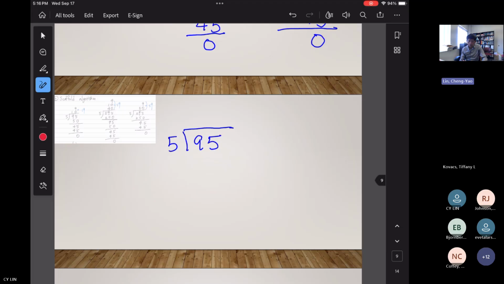So here, I take a 10, 5 times 10. So I got a 50. So 95 subtracted 50, I got a 45. And next, I take a 9, which is a 45. So add the numbers for the quotient on the top. So we take 10 plus 9, which is 19.